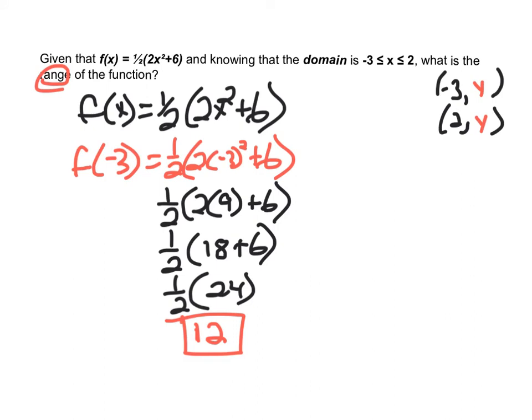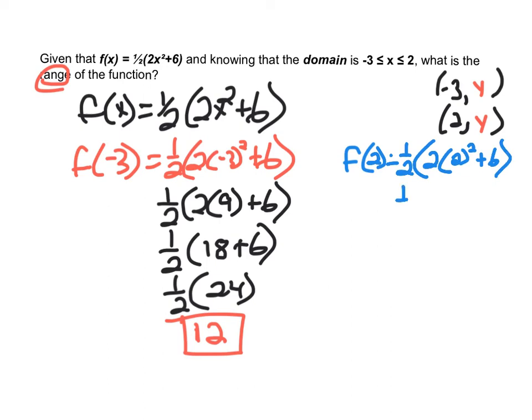All right, let's take a look at the other one. So now we're going to find f of +2. We're going to bring this one down and plug it in. So f of 2 equals 1/2 parentheses 2 times our x value, 2 squared, plus 6.